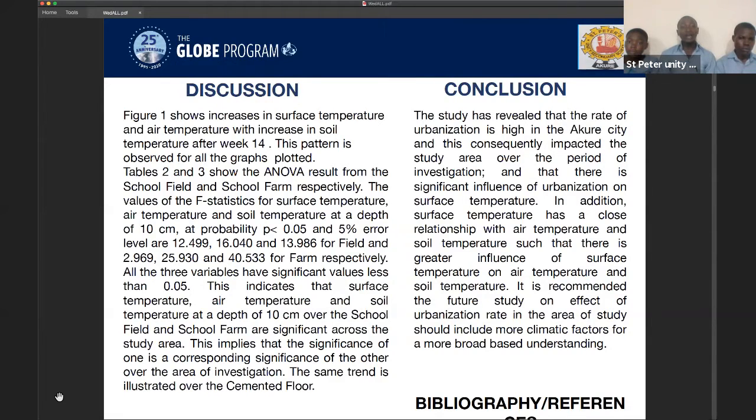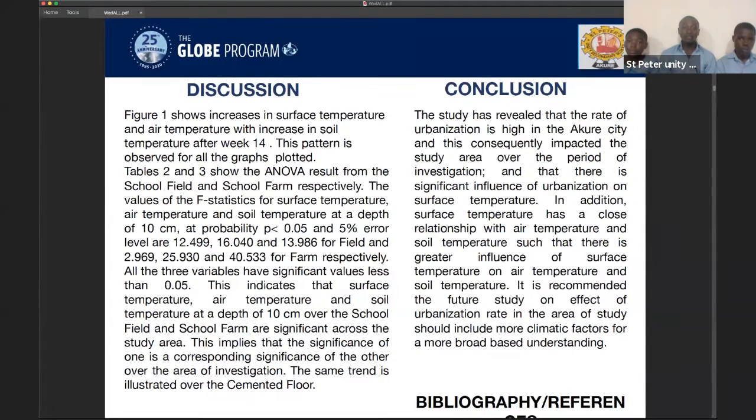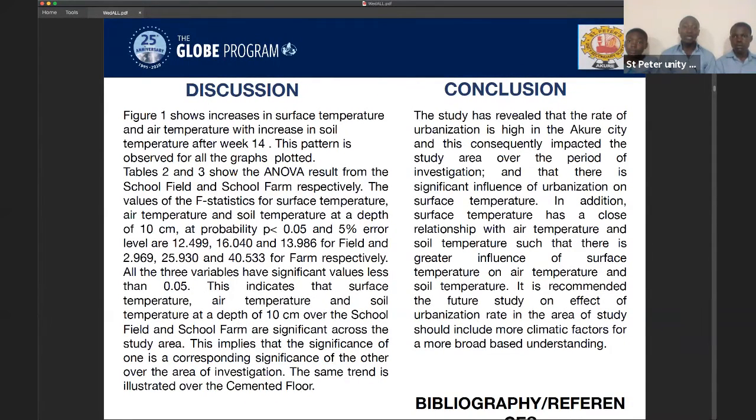And we say that any value that is less than 0.05 is significantly dependent. From our observation, we know that the surface temperature, air temperature, and soil temperature across the three observation sites are significantly dependent, because our values are less than or equal to 0.05.